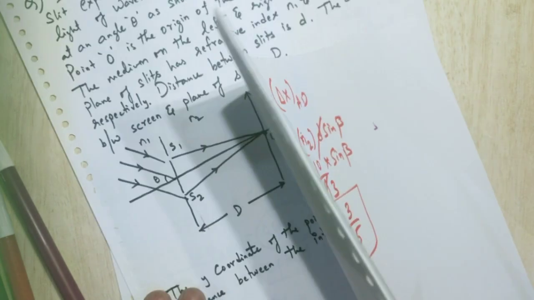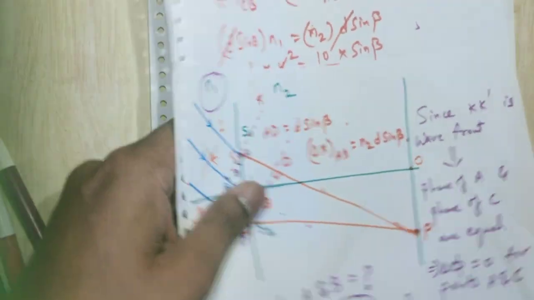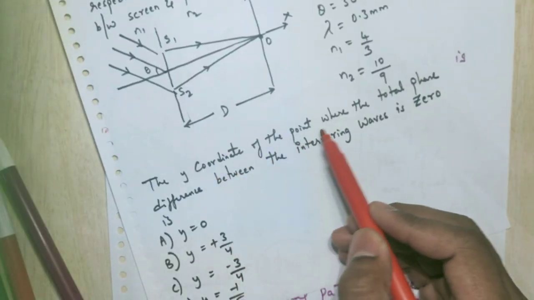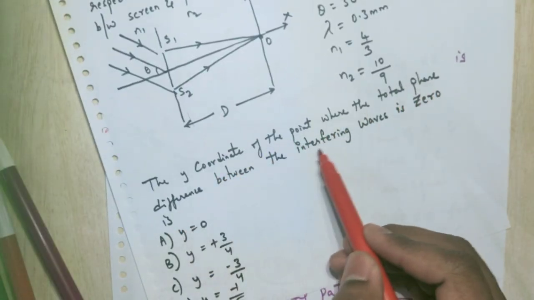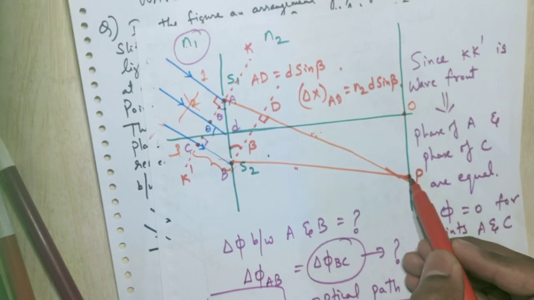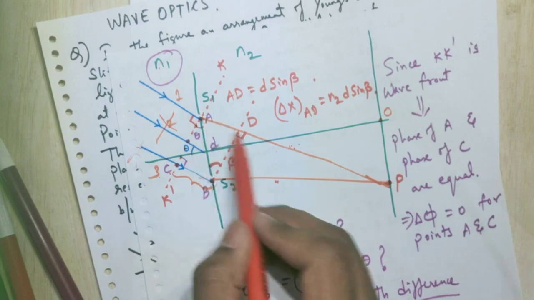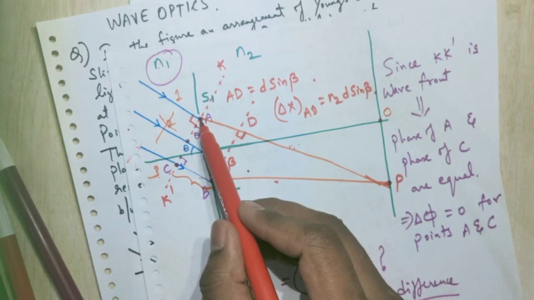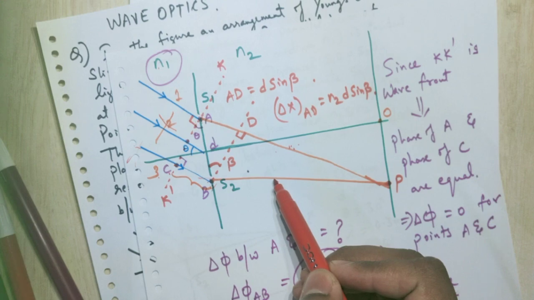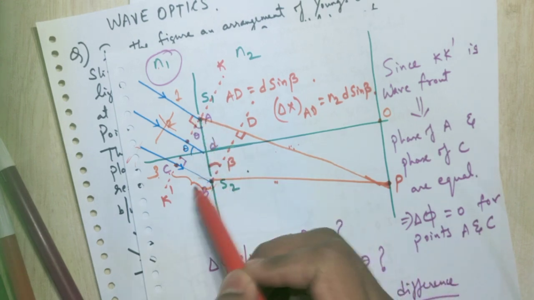Now, what should I find out actually in the question? Once look at the question. The y coordinate of the point where the total phase difference between the interfering waves is 0. From that argument we already got that this is the point where the total phase difference is 0. Why? AD is the phase difference created between these two waves, which is compensating the phase difference when they were entering into the slits.